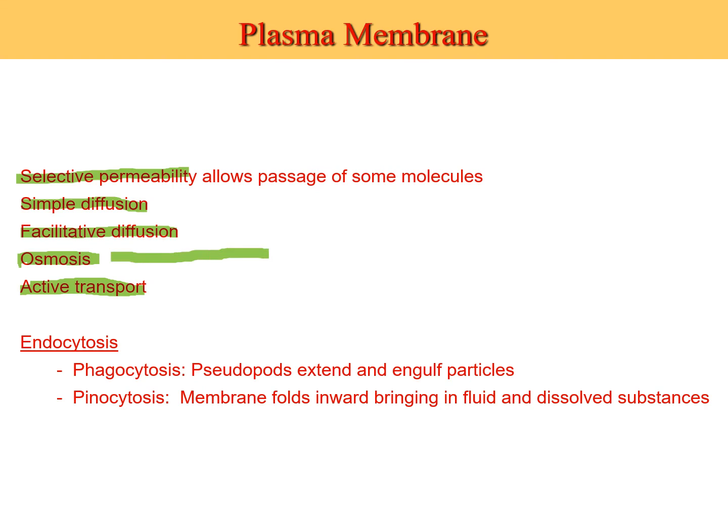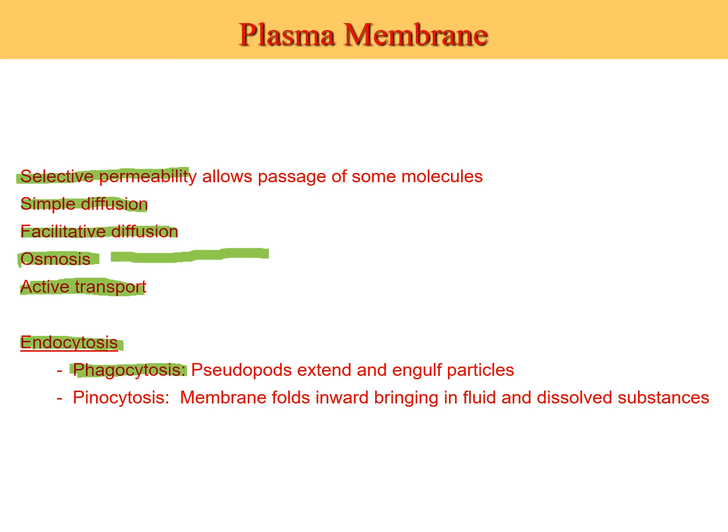Now some things can move across the membrane and into a cell by endocytosis. And one form of endocytosis, moving insoluble things into the cell, is phagocytosis. The main phagocytic cells in humans are neutrophils and macrophages.